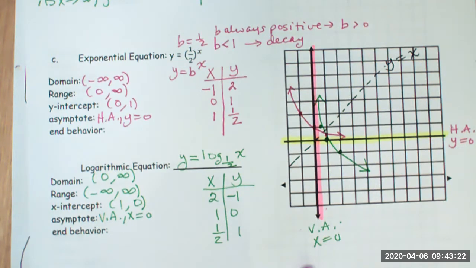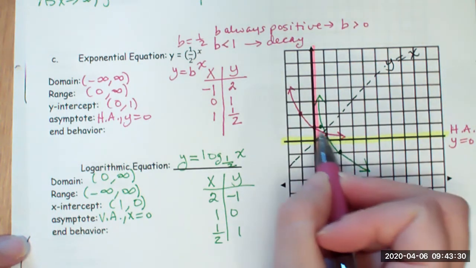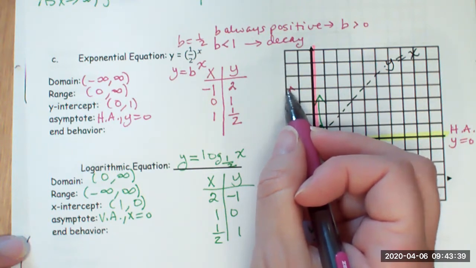And then finally, we'll fill in the end behavior, and then we'll take a break. So as you can just check here, as x approaches negative infinity, y approaches infinity. Now notice, because this is decay, this is going to change a little bit compared to what we were looking at with growth, right?